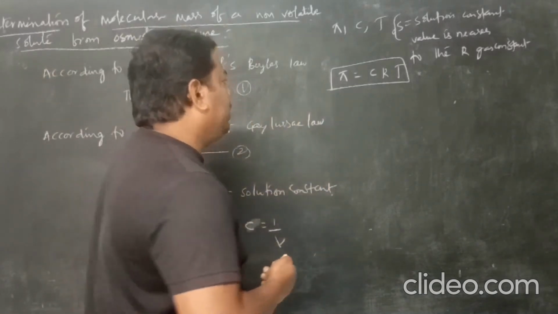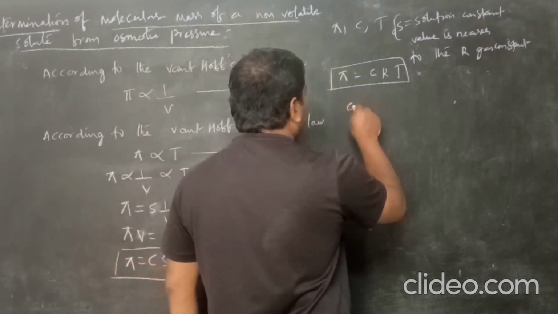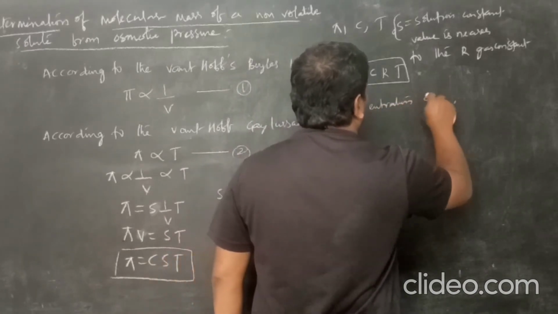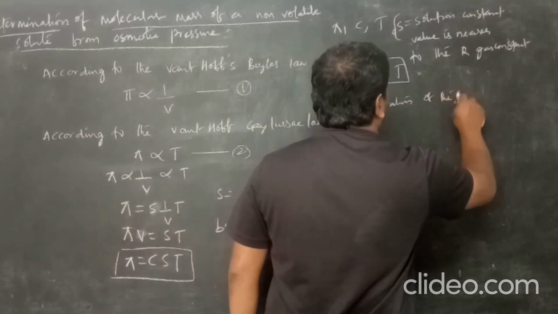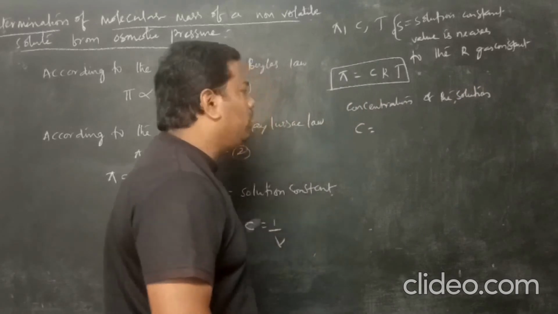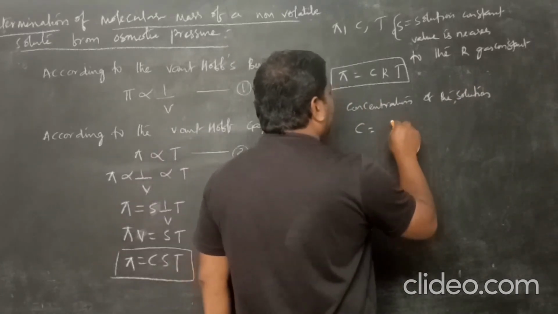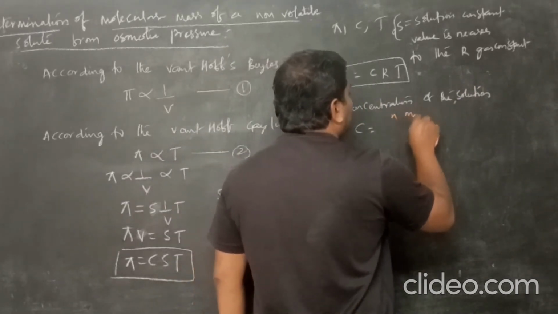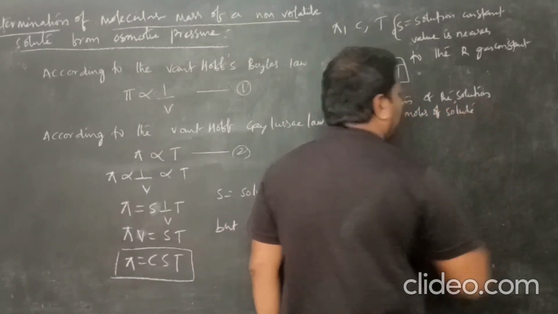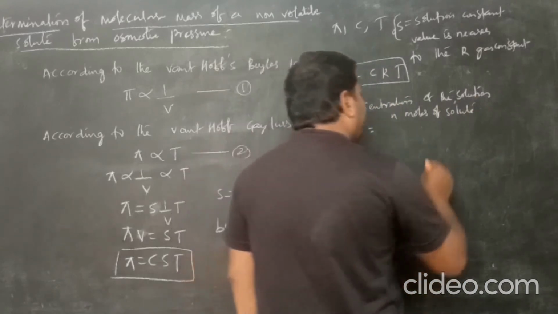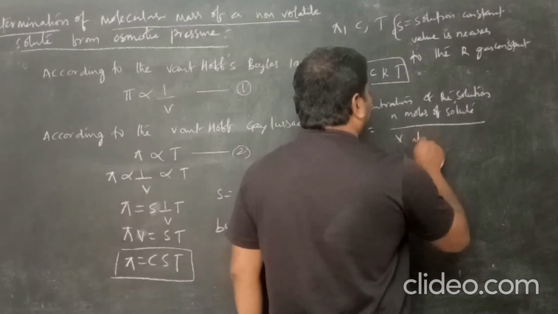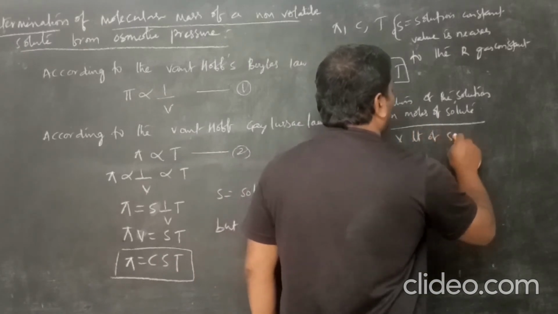Here, generally, the concentration of the solution C is nothing but n moles of solute present in V liters of solution.